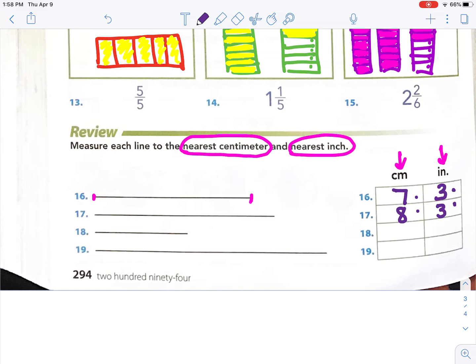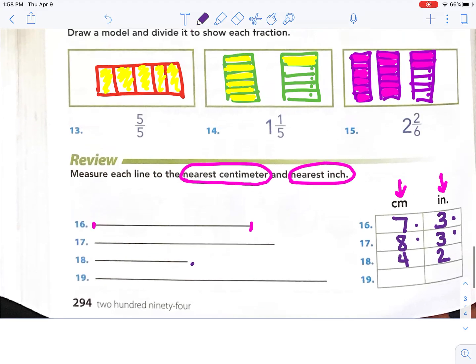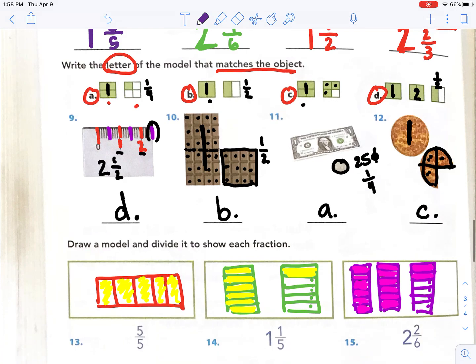Okay, if you measured the number 18 line right here, you got about 4 centimeters, which is about 2 inches. About. Okay? Remember, when you're starting on your ruler, I'm going to go back up to this ruler right here.